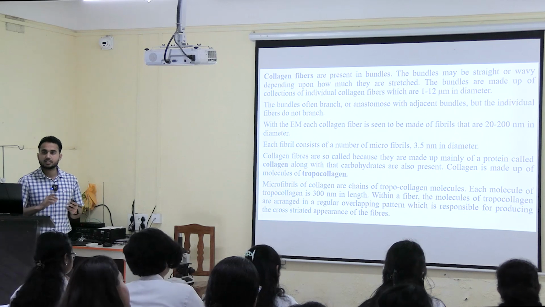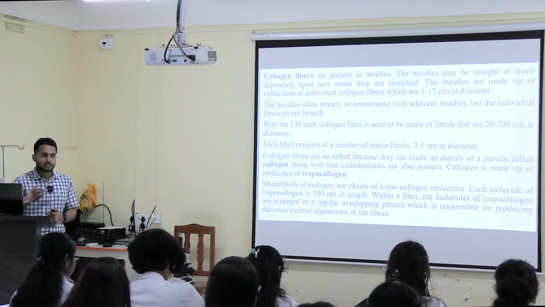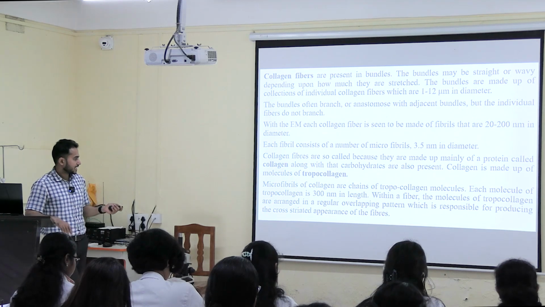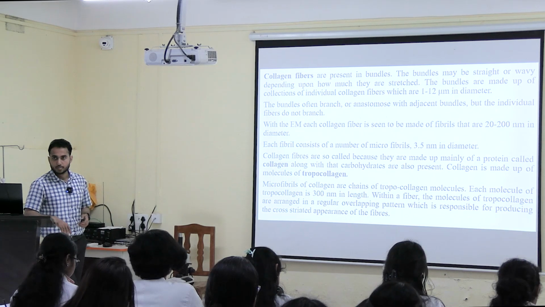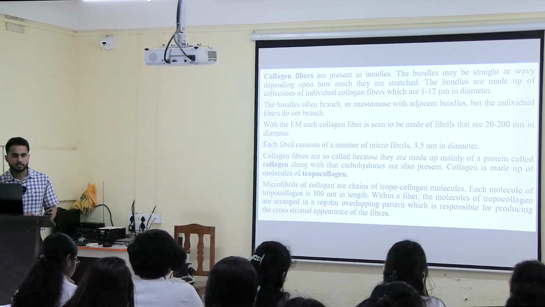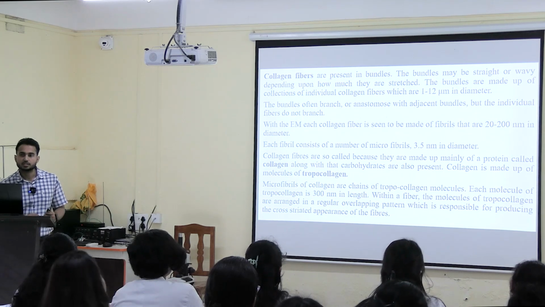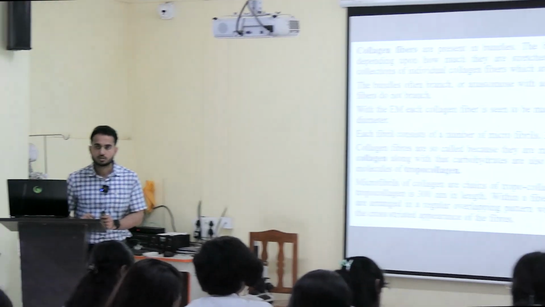So the chain is regular and each chain overlaps another one. That's why we get a striated or cross-striated appearance of the fibers, and this cross-striated appearance can be seen under the electron microscope only. So these are also some unique features of the collagen fibers.